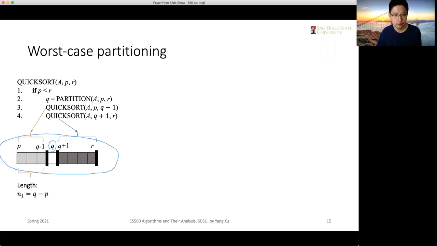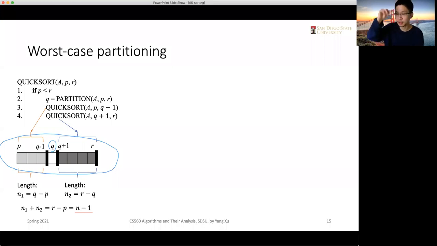If we compute their lengths, the left has the length Q minus P, and the right has R minus Q. These lengths are unknown, since it depends on where Q is, but we know that they add up to n minus 1, because we only take one pivot out.